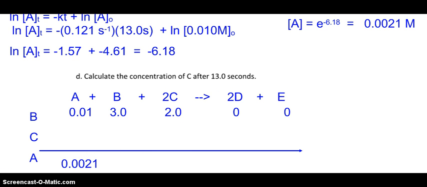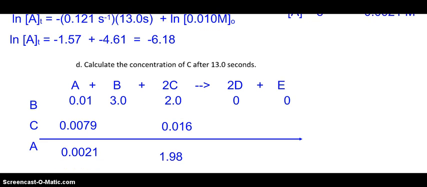So what did I have to do to get that number? I had to subtract this number here. So what will I put in this spot? Well, I rounded 0.007 to 0.008, times 2 is this. So C is 1.98 molar.